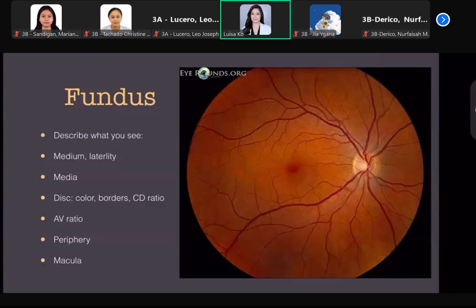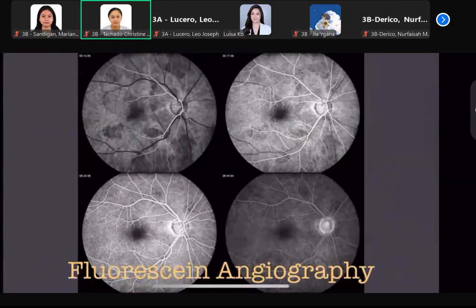So when I ask you to describe a fundus, you describe it accordingly, chronologically. Okay? So take a screenshot of this so that when we discuss the different clinical vignettes, you'll be able to describe the fundus properly. Okay, are we ready? All right.